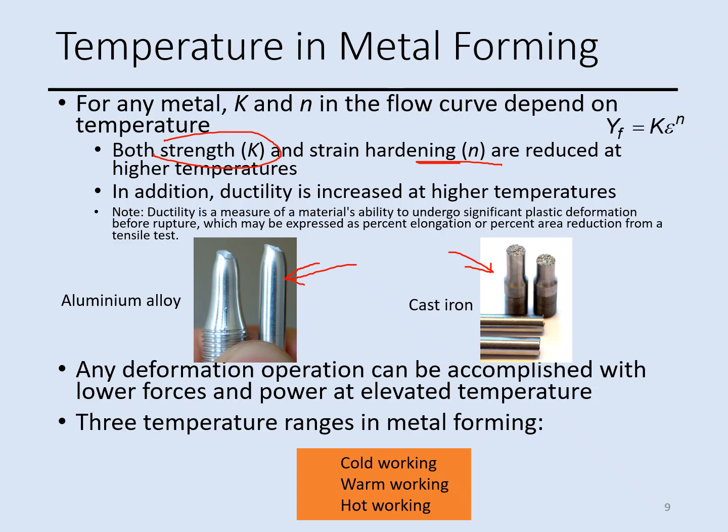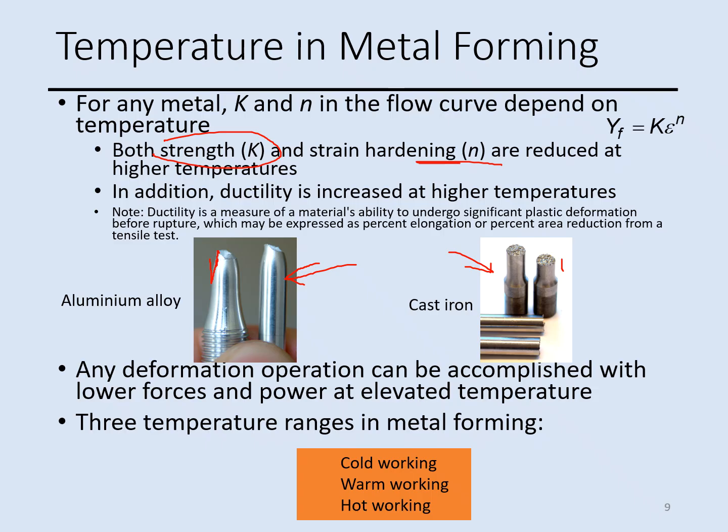Aluminum alloy is more ductile, so as you see the necking, this part, the part was stretched more before failure, and this one didn't go through any ductility, so elongation was less before rupture.